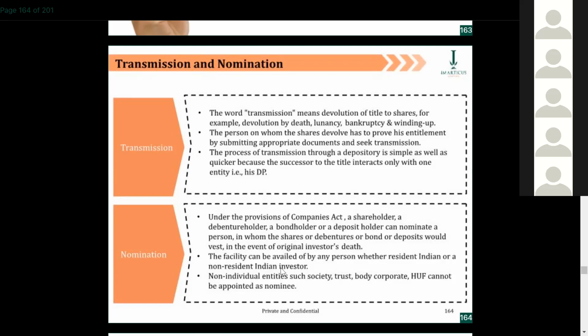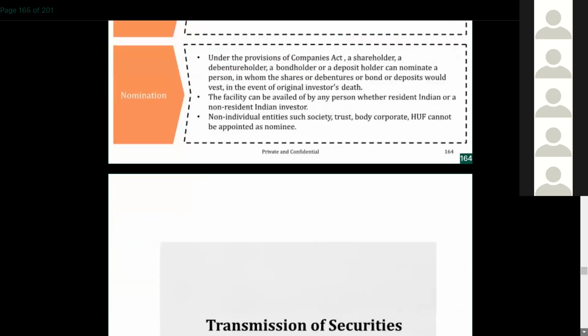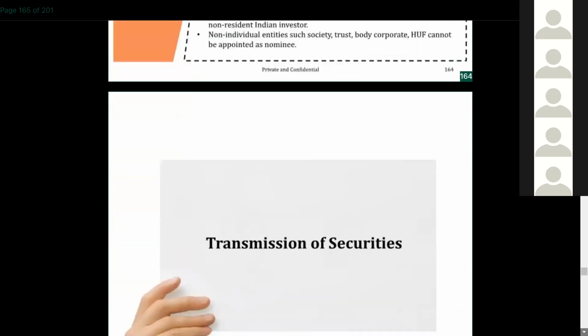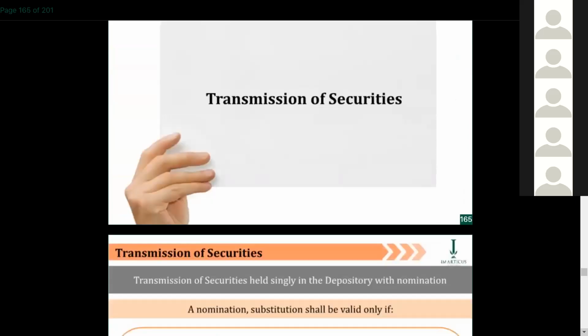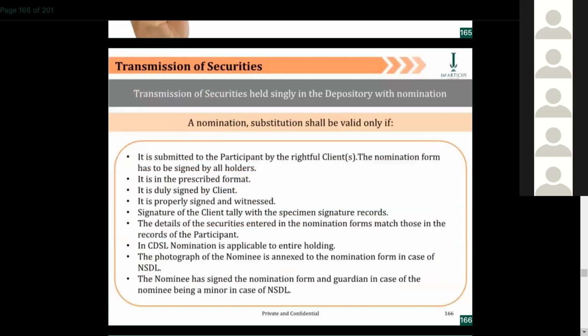So you cannot have a nomination for society, trust, corporate body, HUF. So you cannot have a nomination for non-individual entities. So if there is a nomination, the transmission process is simpler.